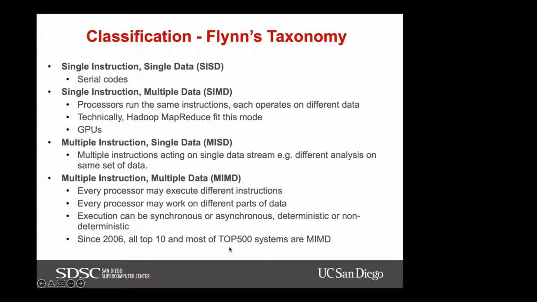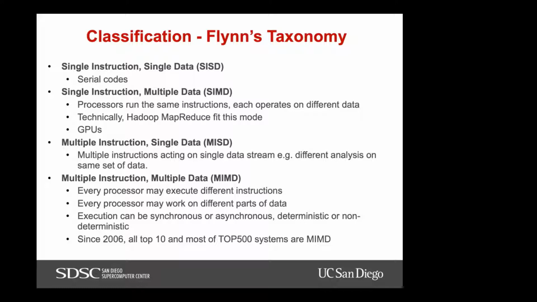And in terms of computer architectures, there are lots of classifications. You have the single instruction, single data, like basically a serial setup. You have a single instruction, multiple data, processors running the same instructions, but operating on different data sets.